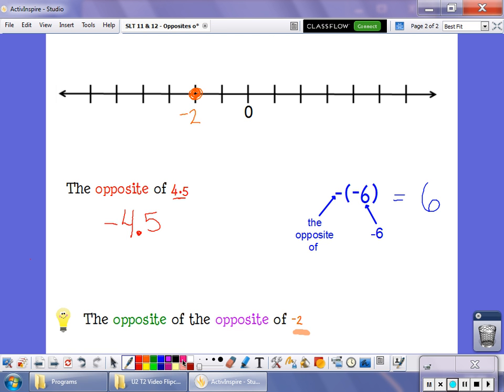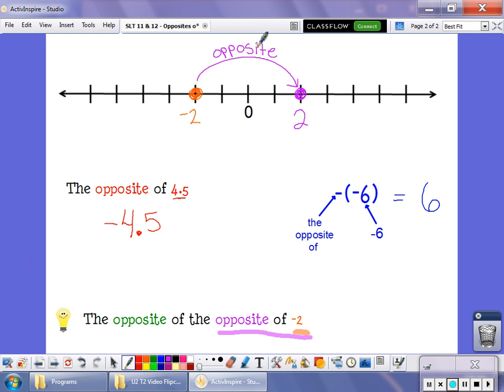Now the next thing I want is the opposite of negative 2. Well, the opposite of negative 2 is going to be 2 units away from 0 in the opposite direction. So this is negative 2. The opposite of that is going to be positive 2. So this is the opposite of negative 2.